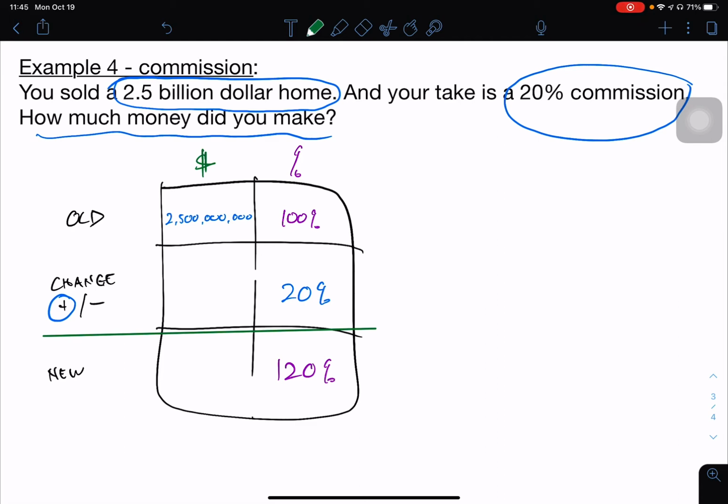If I put the x here, when I solve this proportion, I'll get the answer I want immediately. So let me write that really quick right here.